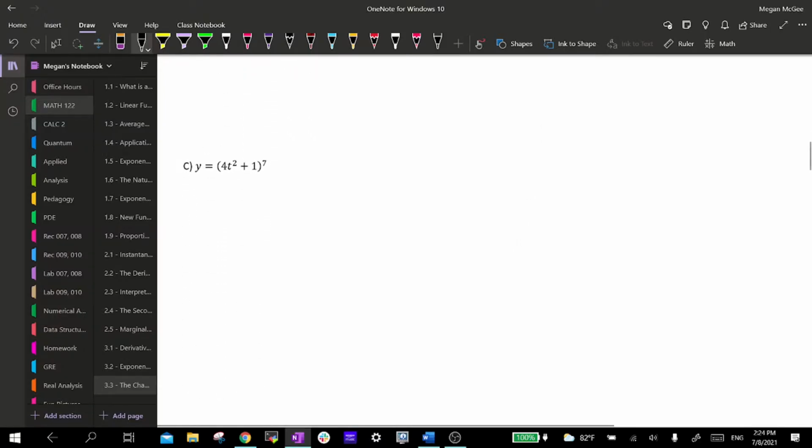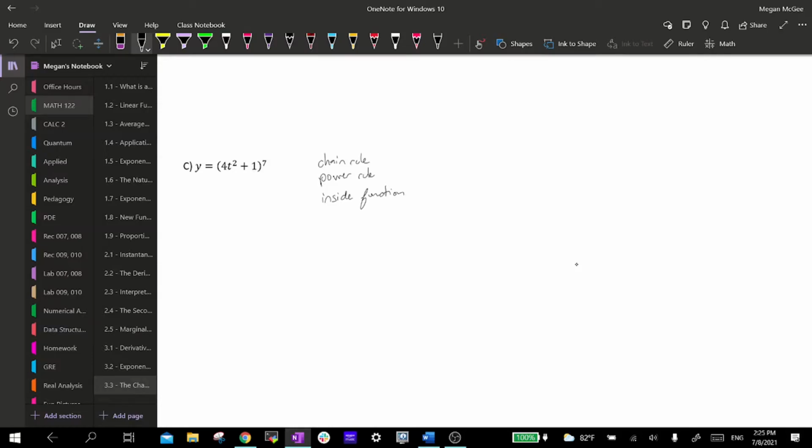Let's keep going to part C, where we have y is equal to 4t squared plus 1, all raised to the 7th power. Alright, so again we're going to need the chain rule. We're also going to need some power rules. And then we need to determine our inside and outside functions.